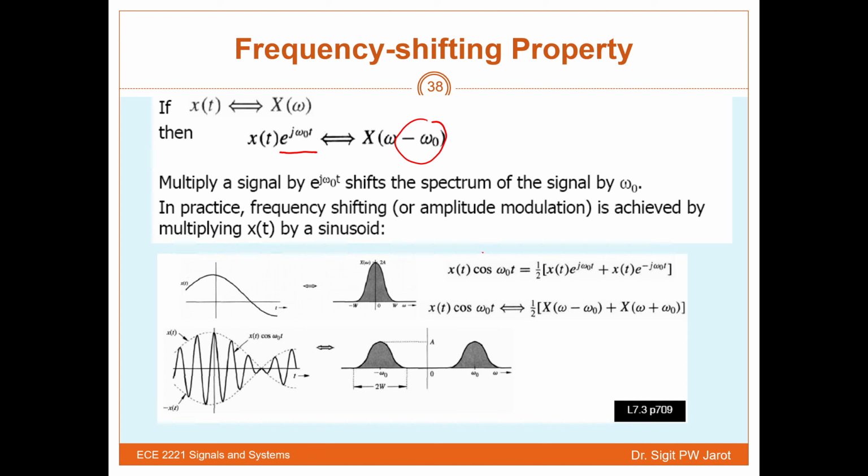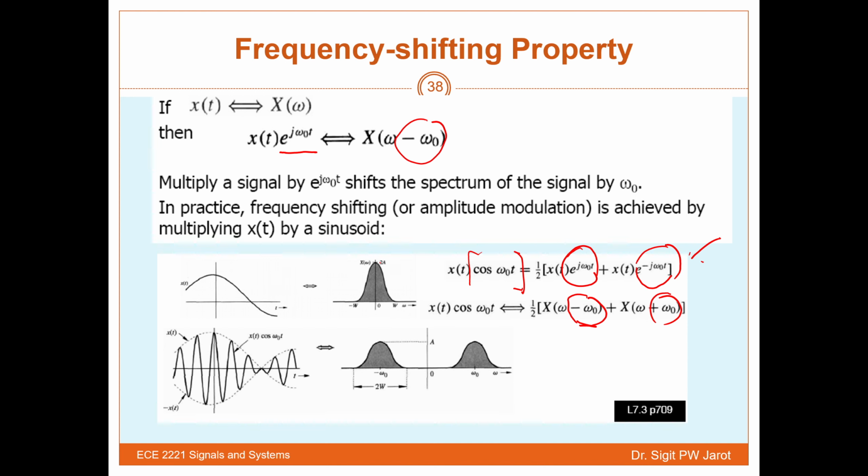Cos omega naught t can be represented in exponentials, becoming 1 over 2 x(t) times e to the j omega naught t plus e to the minus j omega naught t. That means it will have a delay, with the value of omega naught in the time domain, so in the frequency domain it will be shifted by omega naught and minus omega naught. So this is the shifted value.